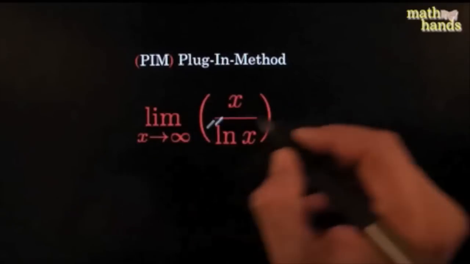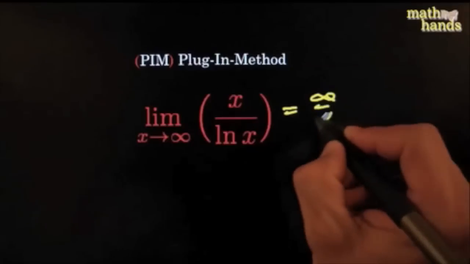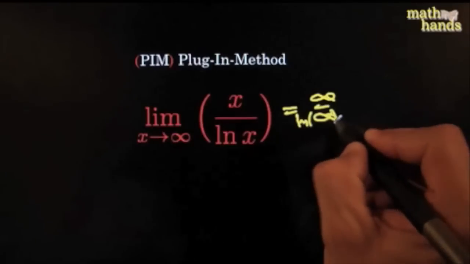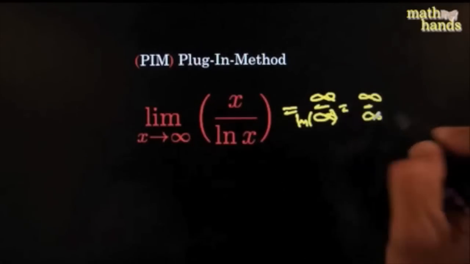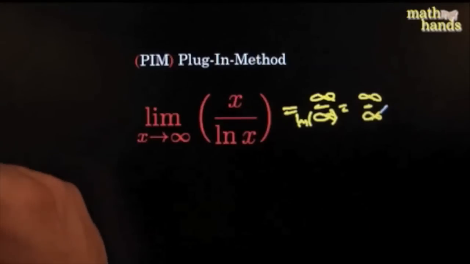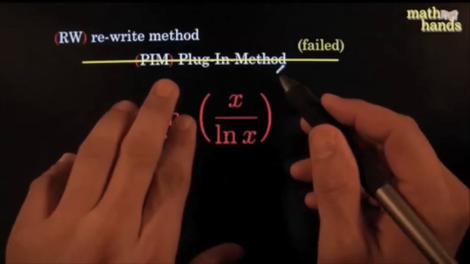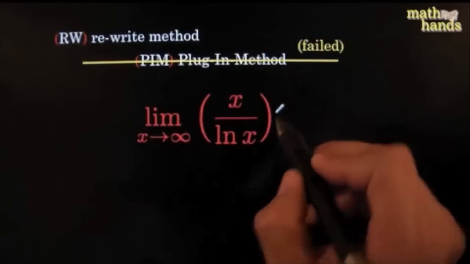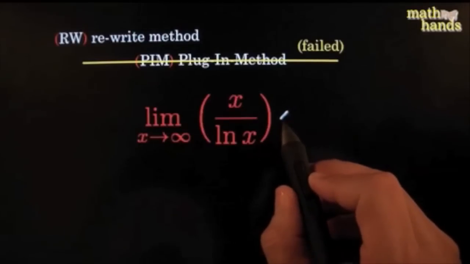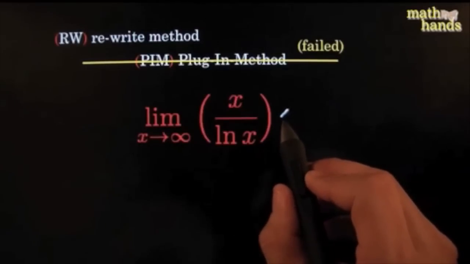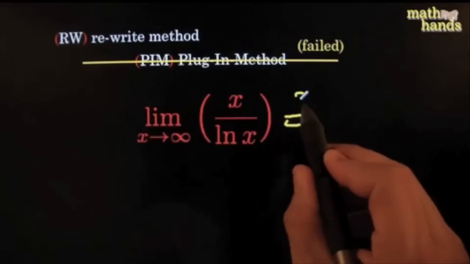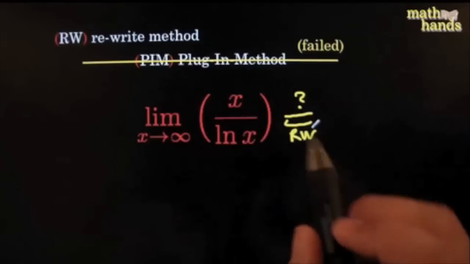So you plug in here, x goes towards infinity, you get infinity over infinity. You know, ln of infinity, which is also a large number, so you get infinity over infinity. You say, well, that's an indeterminate. So then what? Then you try to rewrite. The plug-in method fails, so you try to rewrite, and you try to rewrite, and nothing comes to mind, man. We're out of ideas.